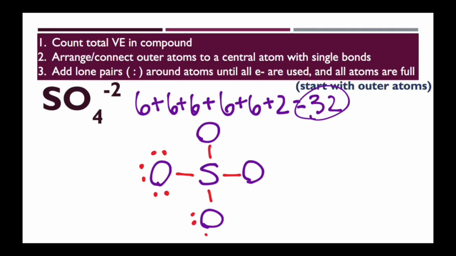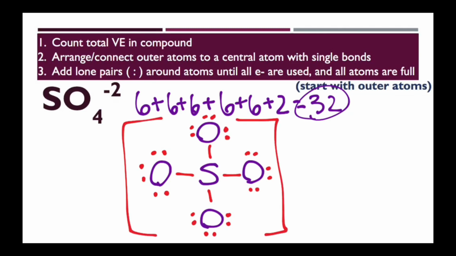This brings me up to 16, 18, 20, 22, 24, 26, 28, 30, 32. And now maybe you understand why this SO4 really wanted to have an extra 2 electrons, because it just works out so nicely for that to create a nice single bonded structure where everything has the 8 electrons that it needs.